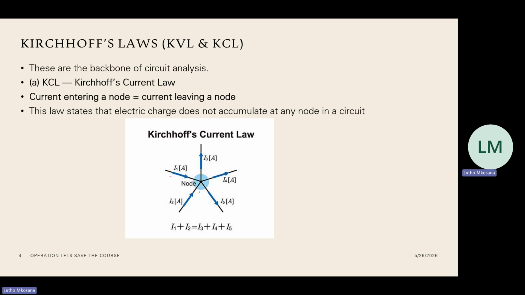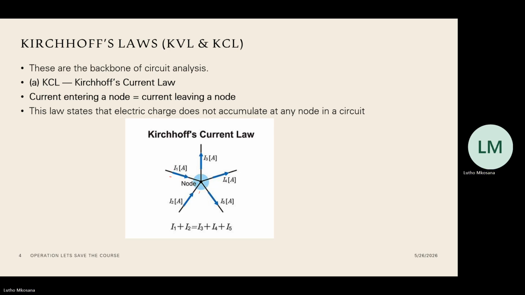So if we have a node here, and current flows towards that direction, I1 plus I2 is the total because they're flowing towards that node. And then I1 and I2 are equal to the currents that are leaving the node, which are I3, I4, and I5.